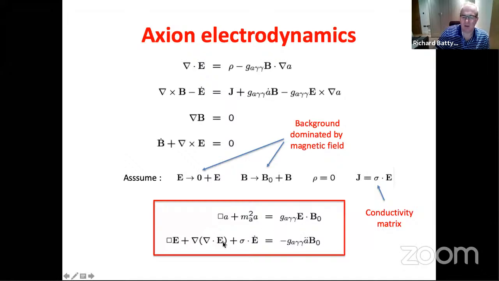And then the electric field has what you would get, for example, in a metal. The left hand side is what you would have in a metal with a conductivity sigma, which leads to the skin depth calculation at the undergraduate level, and then you get this extra term which is the axion interacting with the magnetic field.